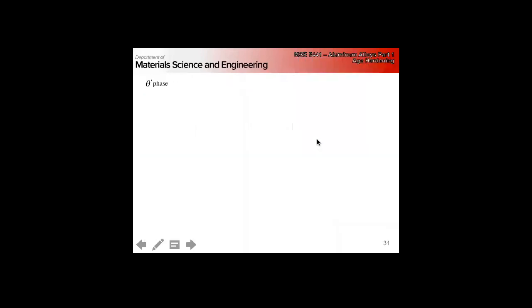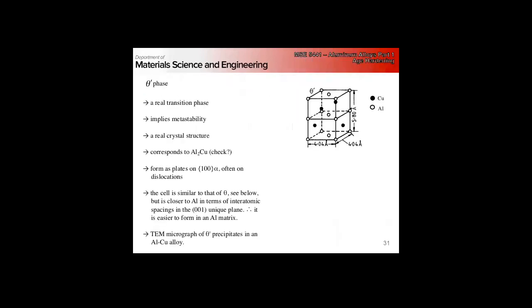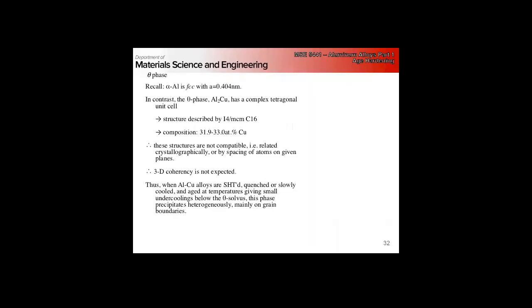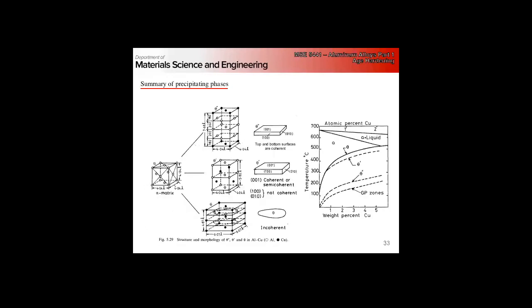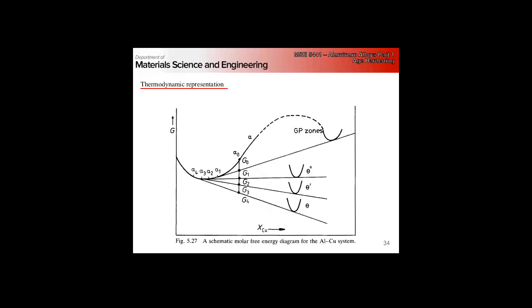Okay, you don't have to memorize any of the structures that I talked about, but the general trend is that you go from more similar to most dissimilar and more coherent to less coherent interfacial energies as you go up the precipitation sequence. And this image here shows the overall change in free energy as you go from one phase to the other, but also the change in composition of the alpha phase and of the particles.